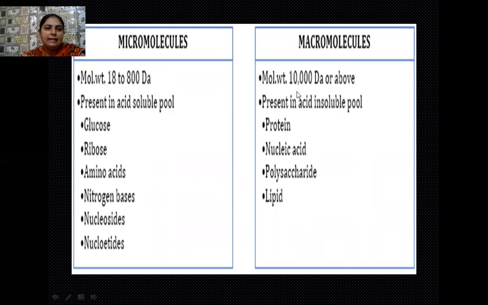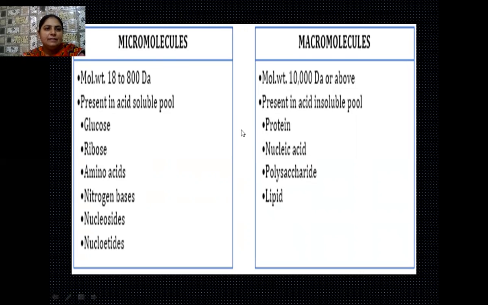Micromolecules are present in the acid-soluble pool, and macromolecules are present in the acid-insoluble pool during chemical analysis. Among micromolecules we have glucose, ribose, amino acids, nitrogen bases, nucleosides, nucleotides. Among macromolecules we have proteins, nucleic acids, polysaccharides and lipids.